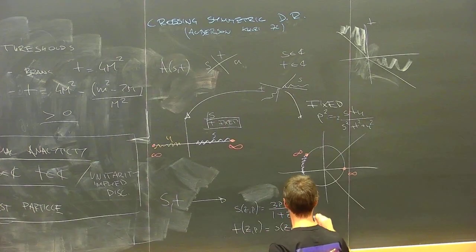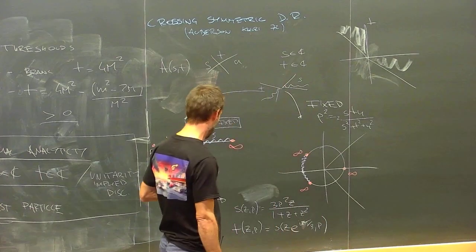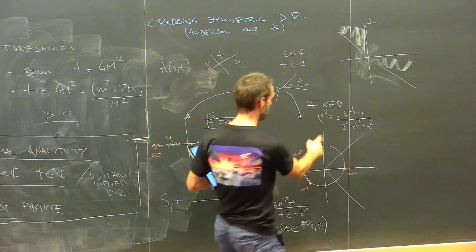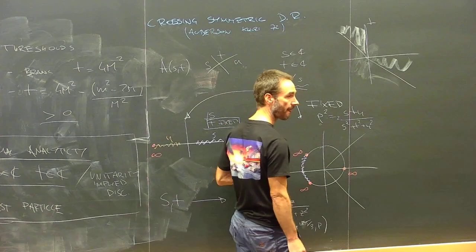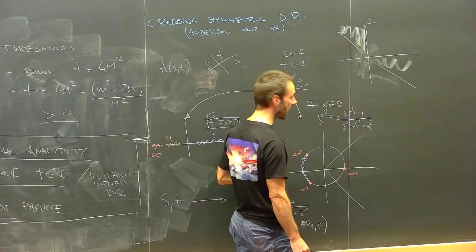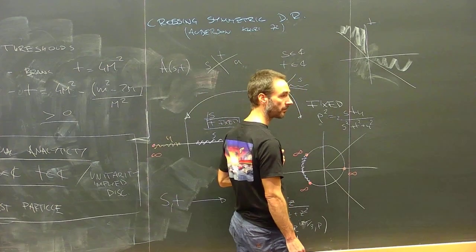It's important that P has square root singularities in terms of T. P itself is the square root of that thing on the right-hand side. So it's not an analytic function of S and U.